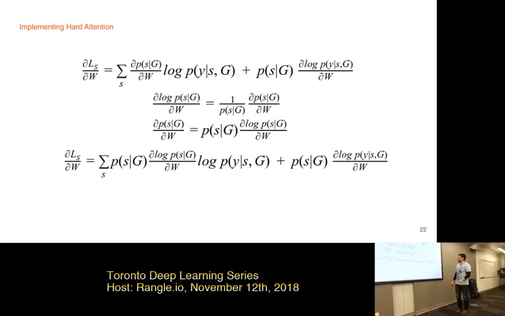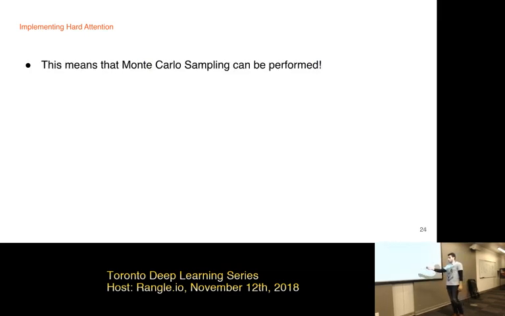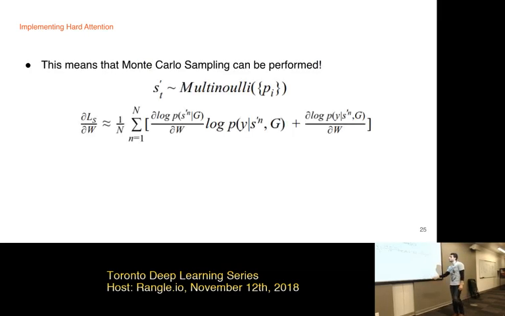So basically, the good thing about this is now we have the probability of S given a for this term, and the probability of S given a for this term. So we take both of them out. All of a sudden, you can see that we can actually convert this to an expectation, and therefore we can approximate it via sampling. Therefore, we can sample different locations.